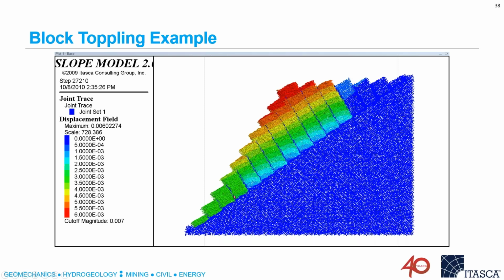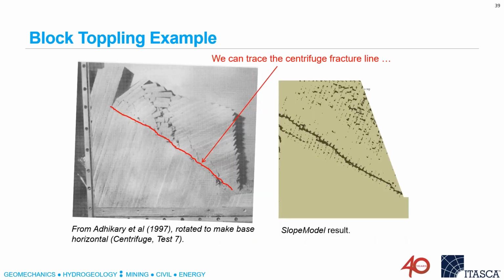These four blocks here, which all have the same displacement, are sliding as one. These blocks up here, these four are stable. They're not moving at all. And these blocks are all toppling because they have larger displacements at the top than at the bottom. So these lattice models are capable of reproducing those kinds of behaviors.